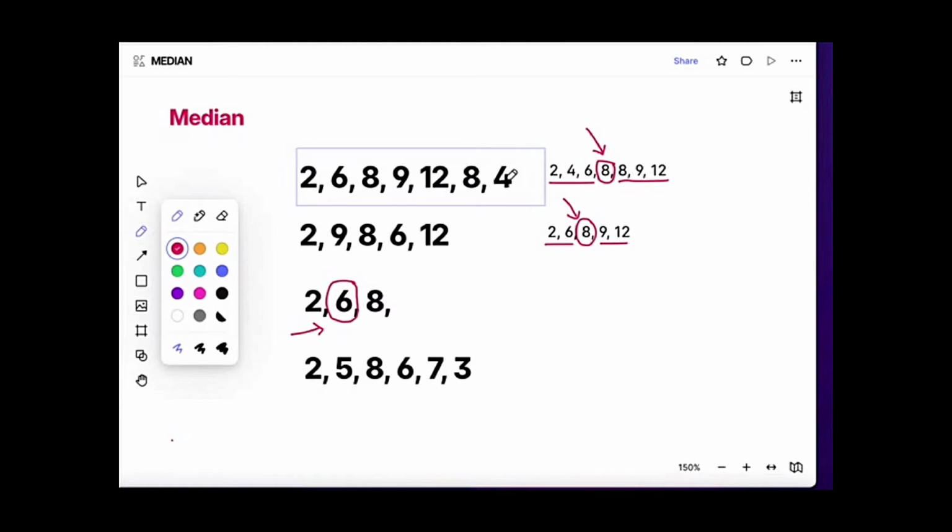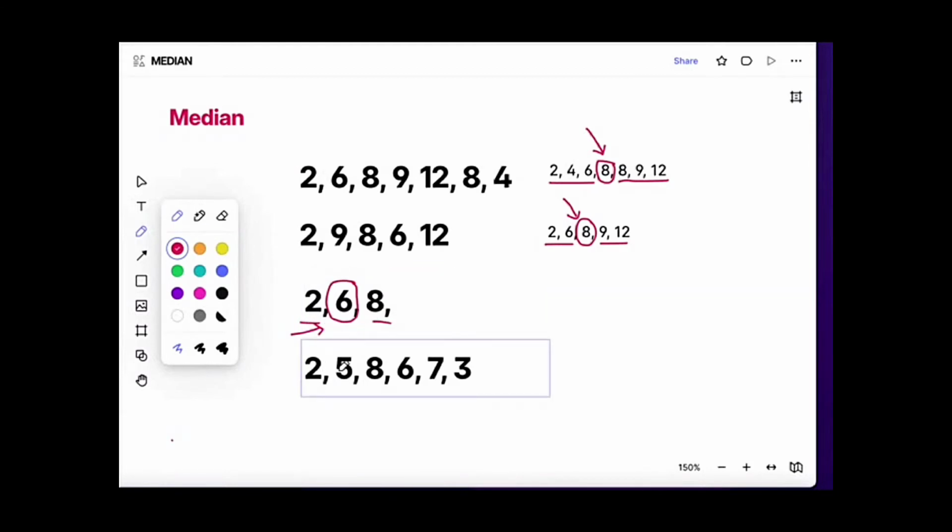So we know that there's only one middle, and you're always going to have an even amount of numbers on the right and an even amount on the left. We had 5 numbers here, so once again, it's easy to pick out the middle because you're going to end up with 2 numbers on the right, 2 numbers on the left. When you've got 3 numbers, it's easy to pick the middle because you know you're going to have 1 number to the right and 1 number to the left.